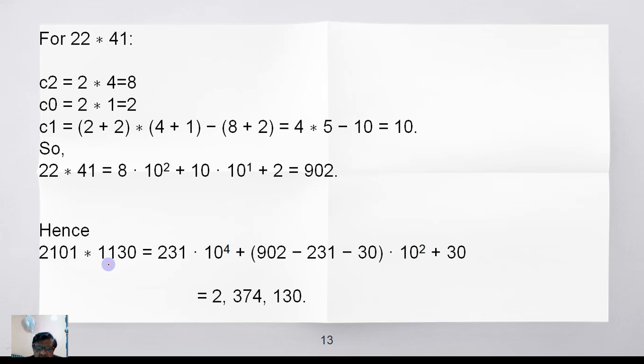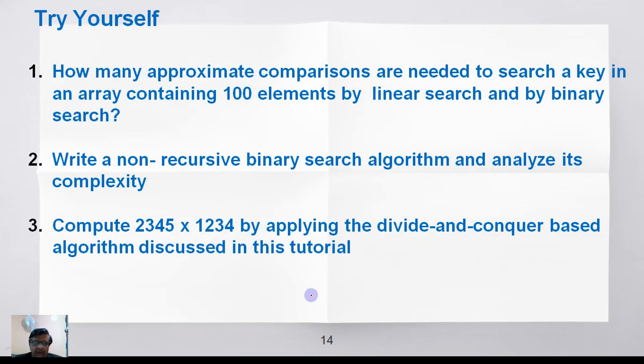That is, 21 into 11 is 231 into 10 to the power of n, an n by 2 related expression, and this is into 10 to the power of 0 for 01 into 30. So upon simplification, it will give us this particular number. You can watch this carefully and go step by step, and you will be able to multiply applying the formula. You have to try, my esteemed listeners will definitely try this and you will find out the answer.